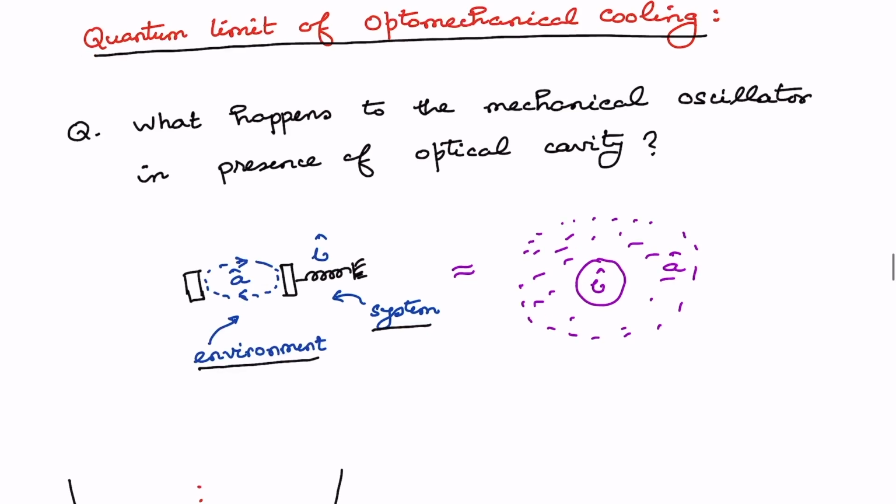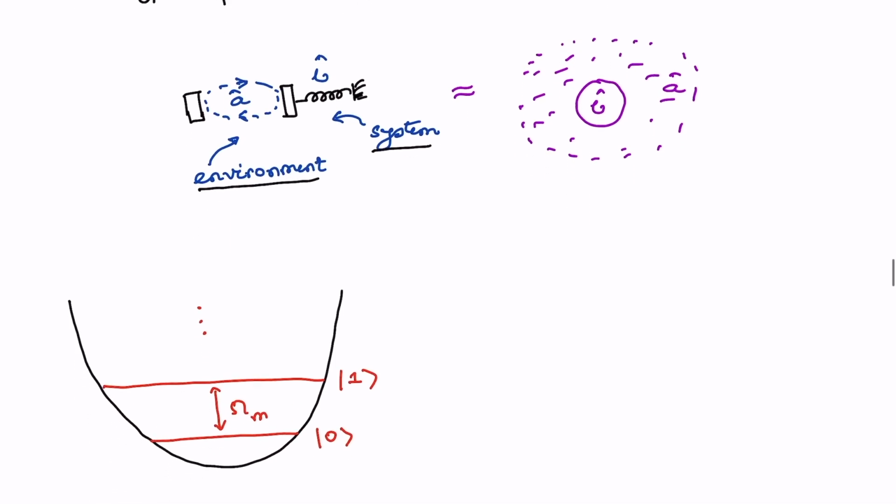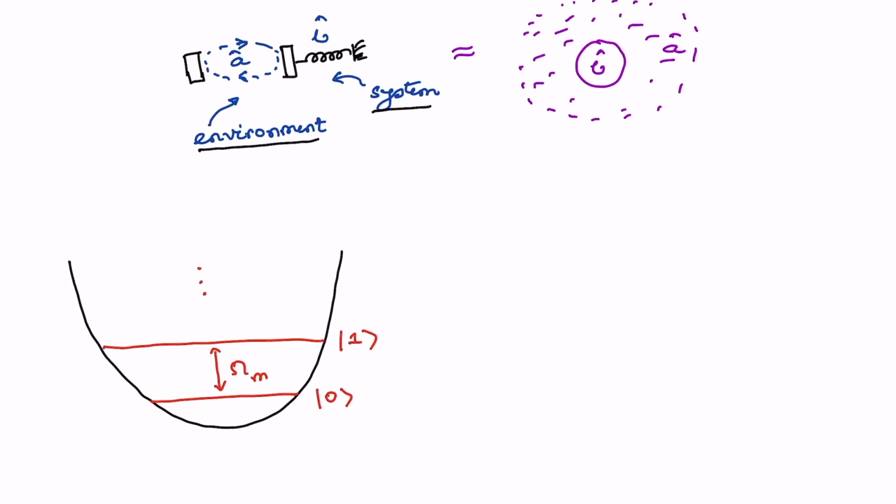If the mechanical oscillator is in, say, the one phonon state, then it may decay to the zero phonon state, that means ket 0, at a rate gamma minus. It may go in the downward direction, it may decay to the ground state at a rate gamma minus.